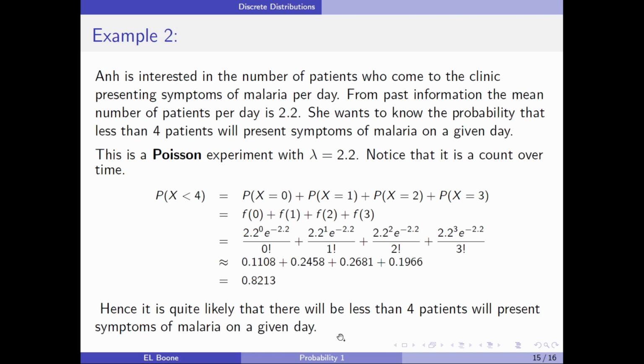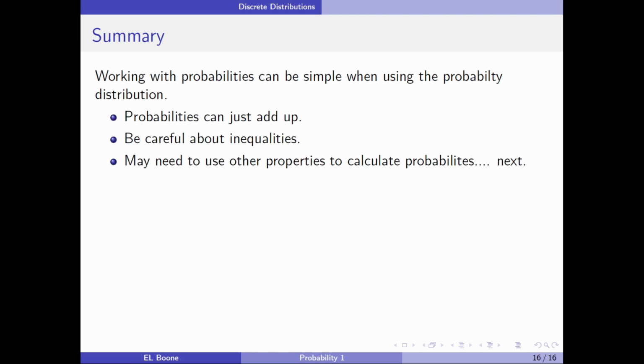So it's quite likely that there will be less than 4 patients that will present symptoms of malaria on a given day coming into this clinic. So it's pretty easy to work with if you just add things up. That's the theme of this one: probabilities can just add up. We need to be careful about inequalities, and we may need to use some other properties to calculate probabilities, and we'll do that in the next video.